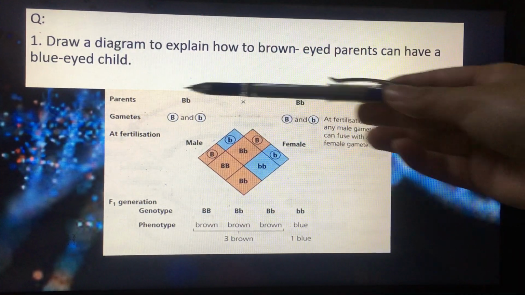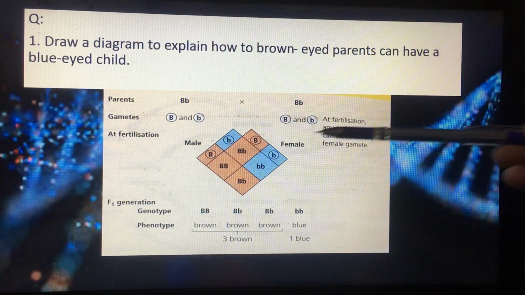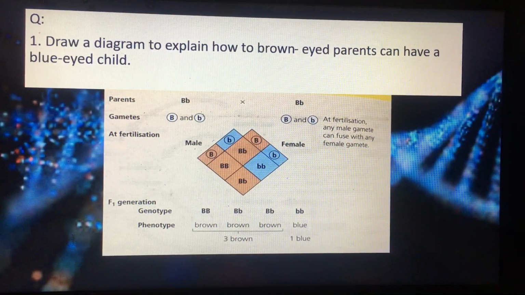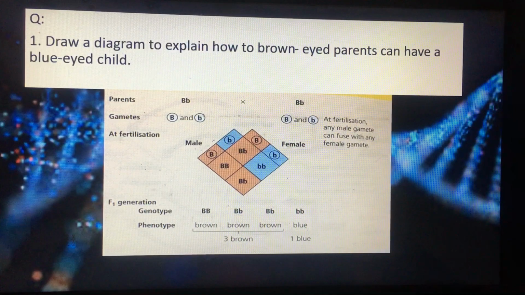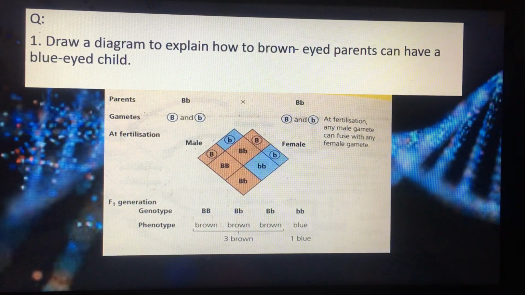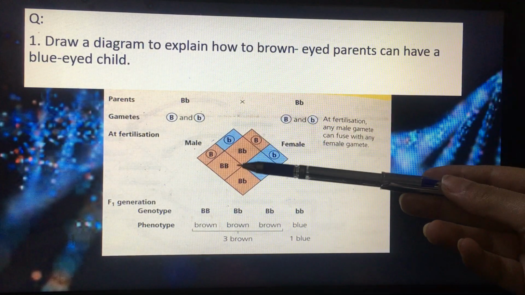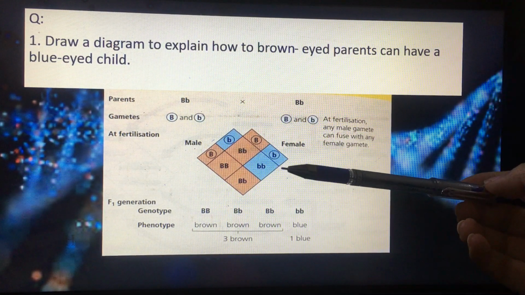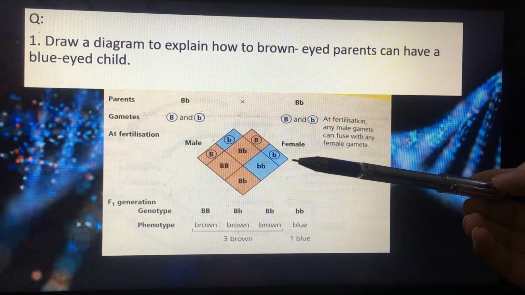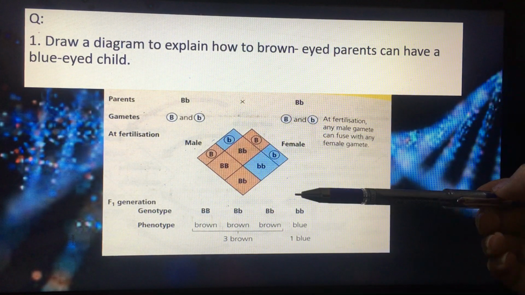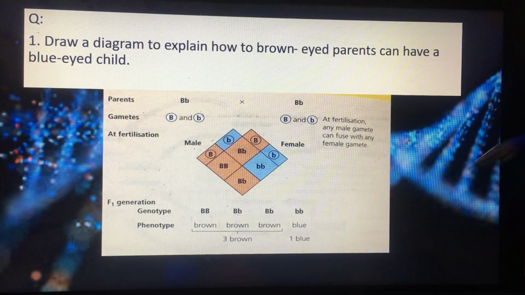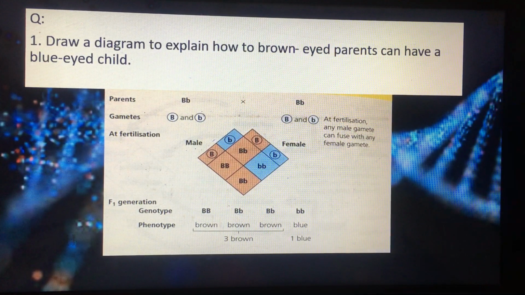So this one B capital B small and this one B capital B small. So gametes from each parent are B capital or B small. At fertilization, one possible combination in the zygote is B small B small, which is a blue-eyed child.